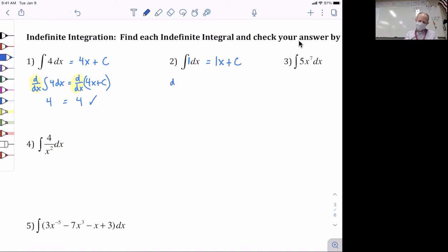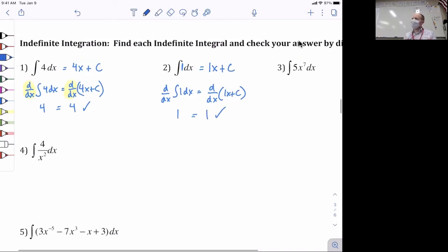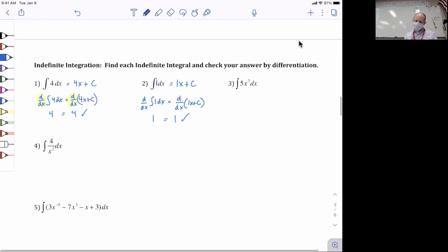Again, we can take the derivative of both sides, and we'd be left with 1 equals 1. And that checks. Now we're going to get good at this, so you don't always have to check by differentiation, but just know that you can always check your answer by differentiation.